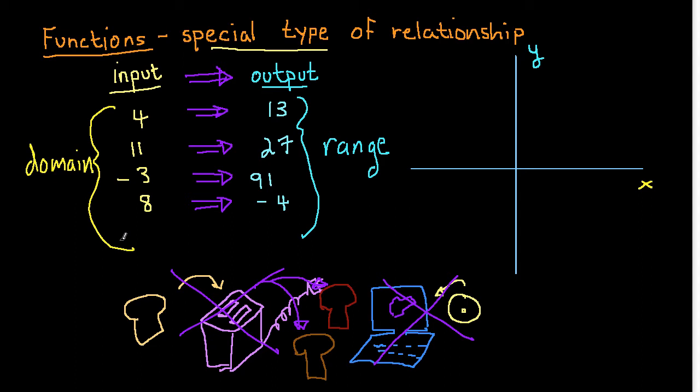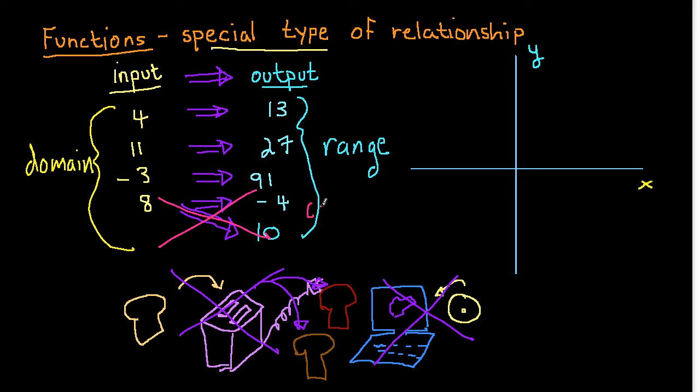Okay, in the math function or non-function, if we bring this 8 and then all of a sudden, instead of always knowing that we're going to get a minus 4, we sometimes get, say, a 10, then this is no longer a function. So if we have more than one output possible for the same input, then it's not a function.